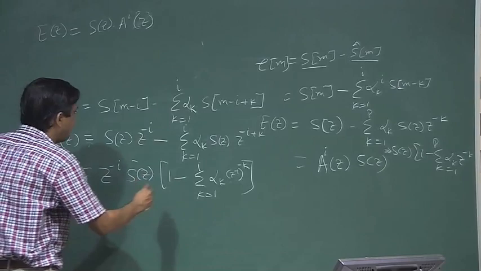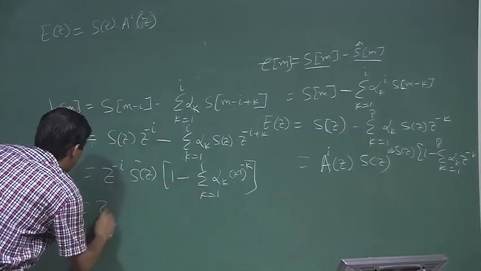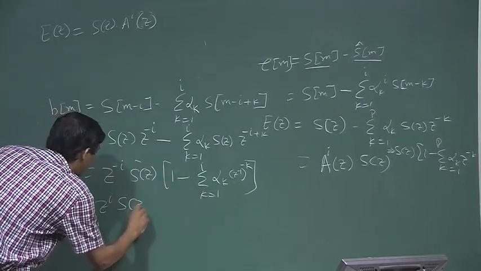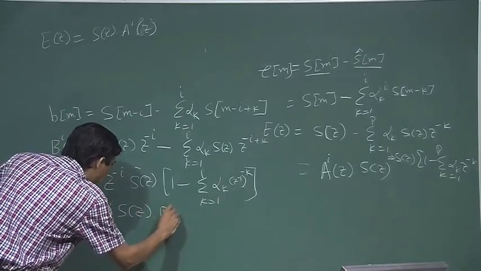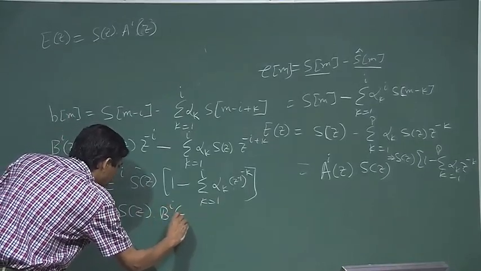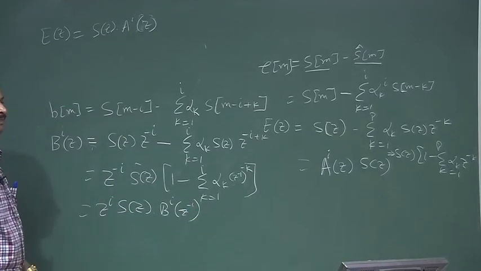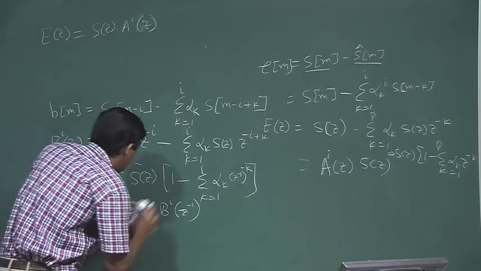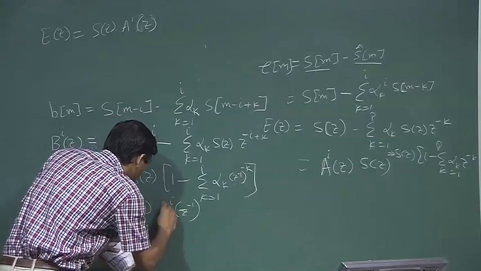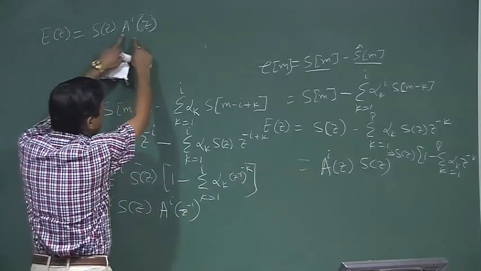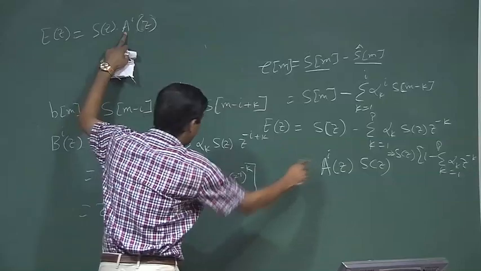So in that case I can say this is nothing but z to the power minus i S(z) into B_i of z to the power minus 1, or I can say it is nothing but A_i, sorry, A_i(z).